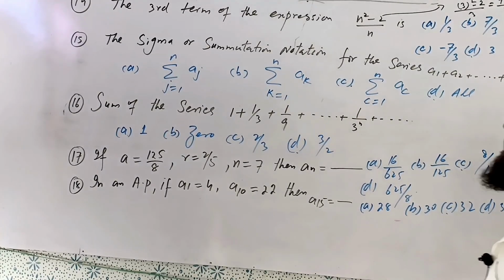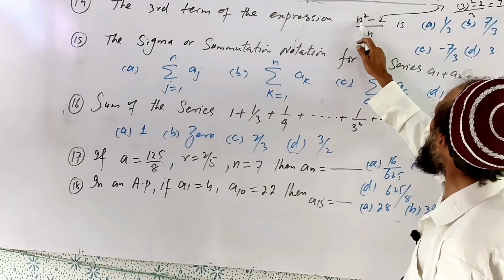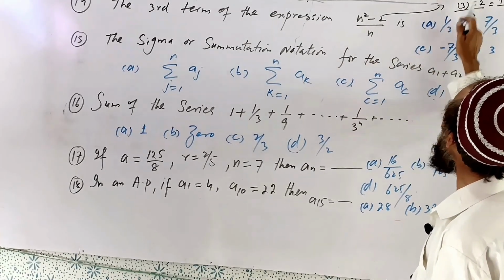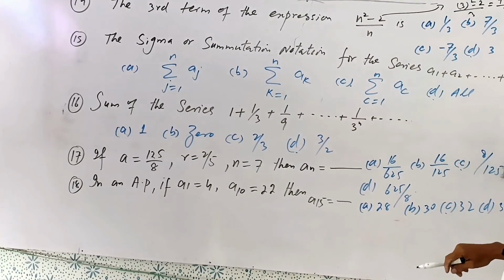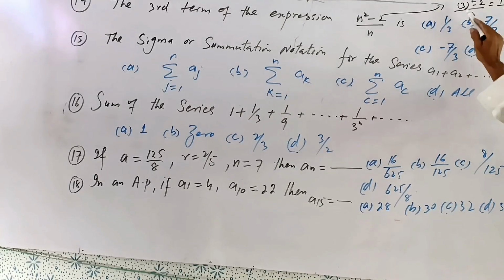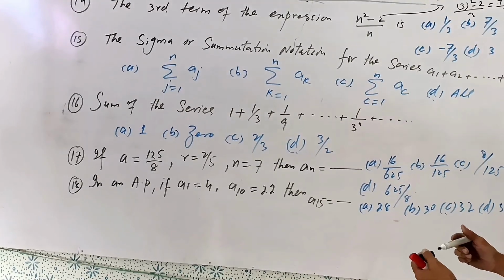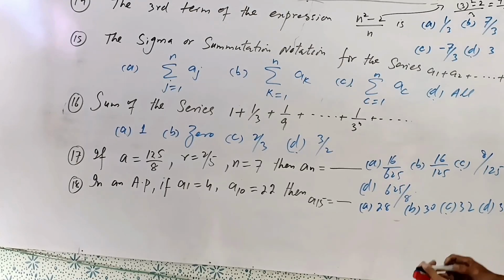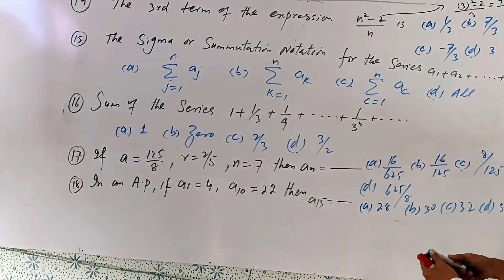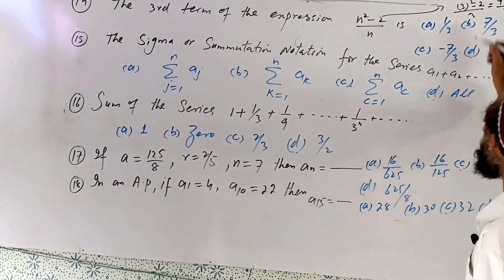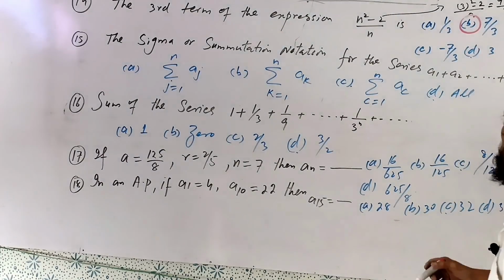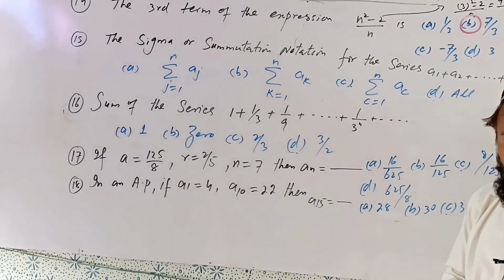For the third term of the sequence, we put n equal to 3: 3 square is 9, minus 2, we get 7, so 7 divided by 3. Here option B is the correct option.